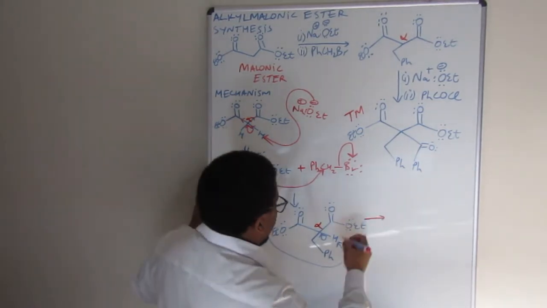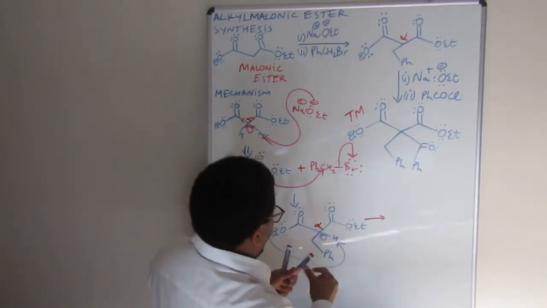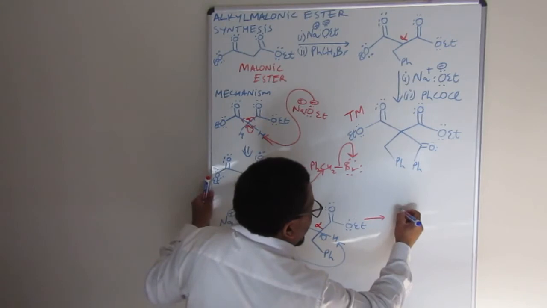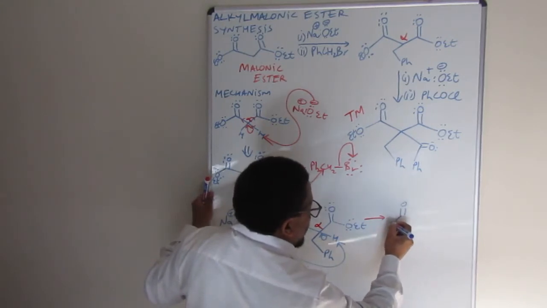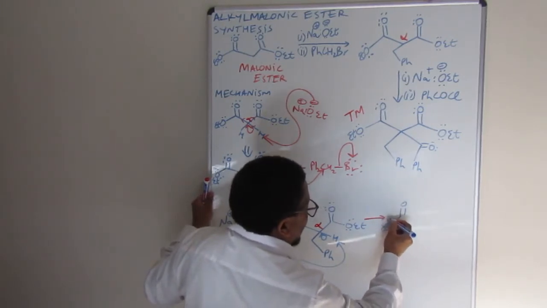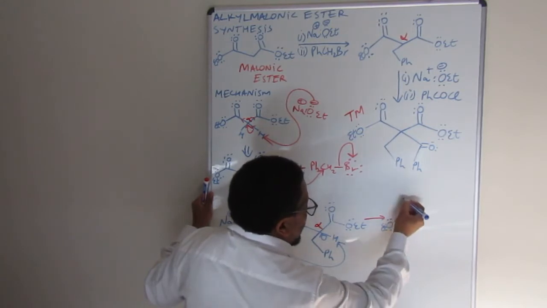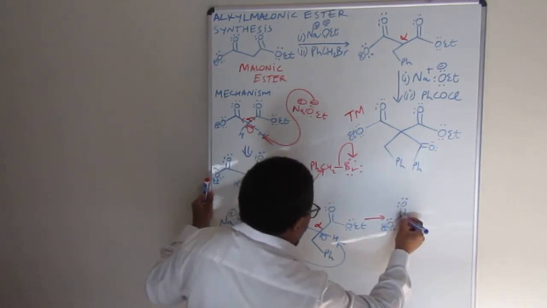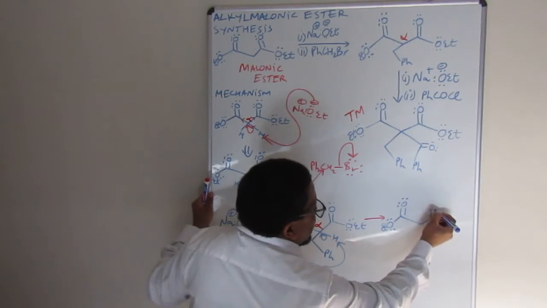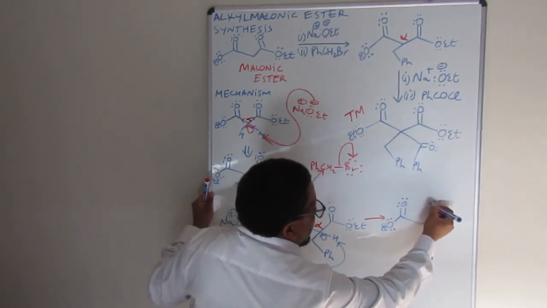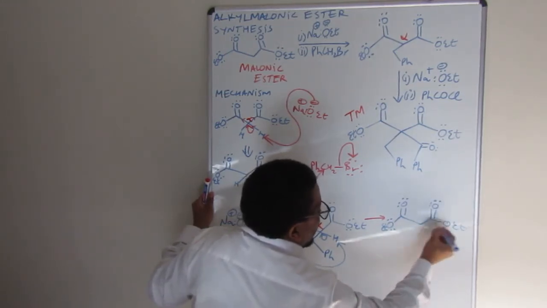Then what do we get here now? We generate C double bond O, OEt, with lone pairs. Then bonded to this, double bonded to this, then OEt.